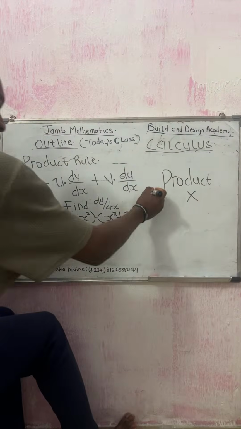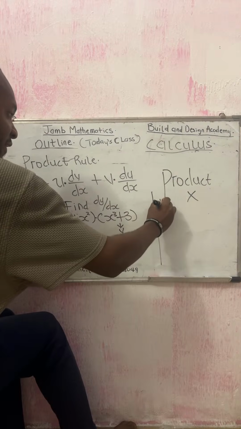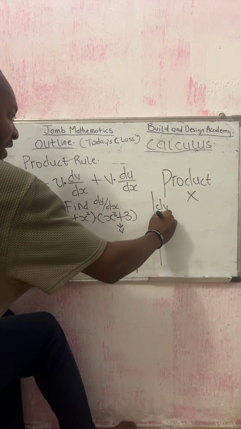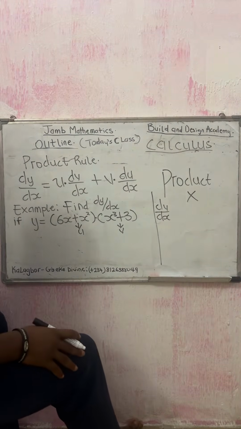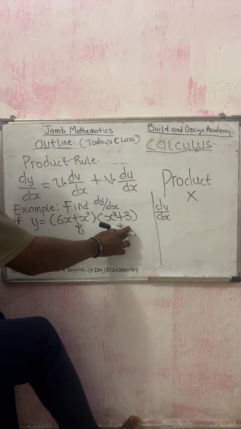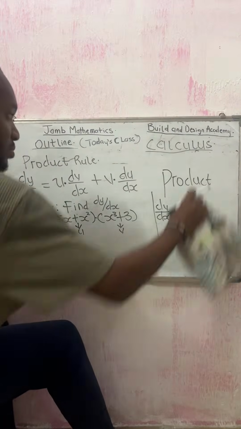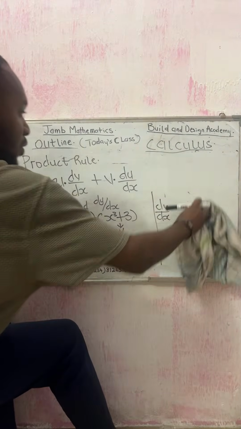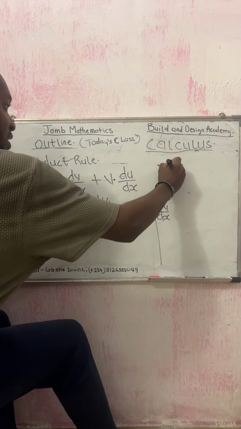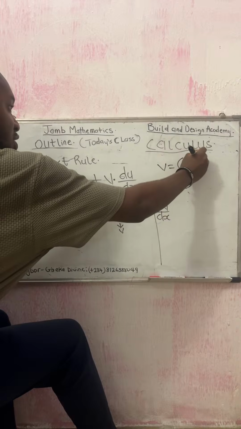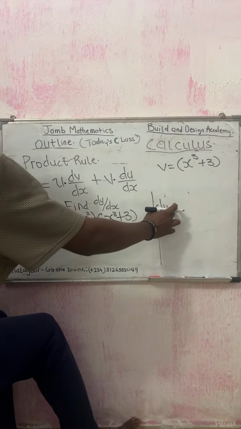So what we are going to do is we'll find dv over dx. Now for dv over dx, that means we are differentiating this. We say that v is equal to x cubed plus 3, and we should find dv over dx.